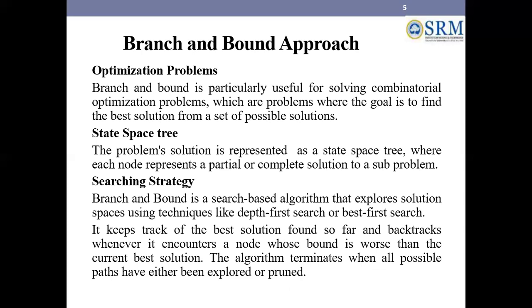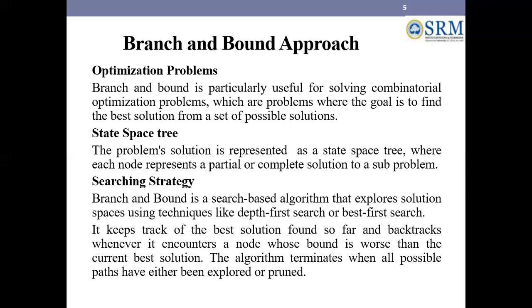And this is mainly used for solving optimization problem, either maximization problem or minimization problem. The problem solution is represented in the form of state space tree, where each node represents a partial completion solution, so solution to the subproblem. At the final leaf level, the last level, the node has an optimal solution. And how we can search for the optimal at each level, how we can expand it.